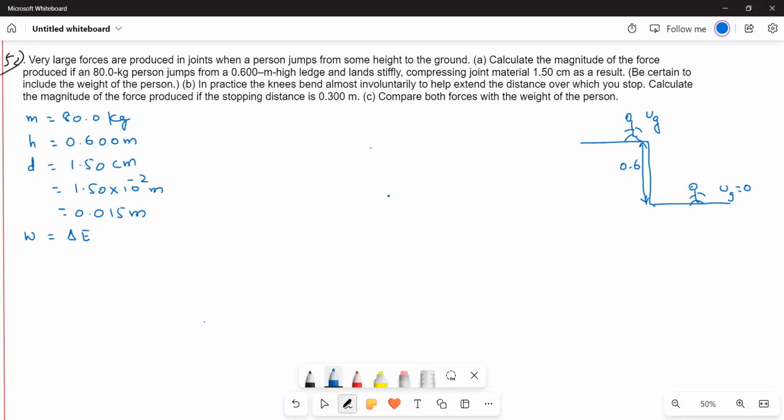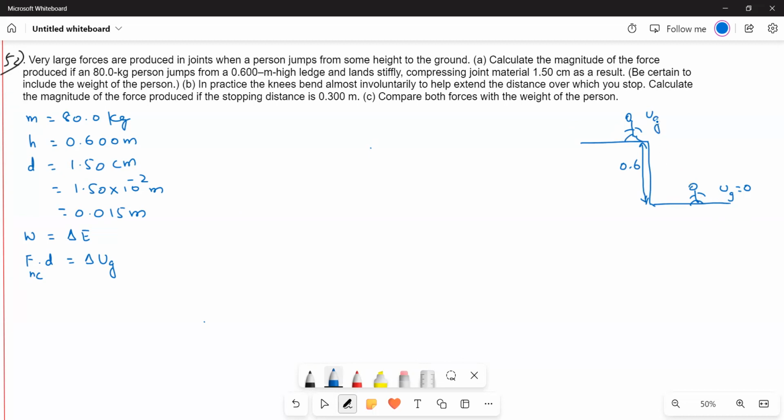Now we have to find out how much of the force is involved in doing this work. Here the work is done by the non-conservative forces. So F non-conservative times D is equal to change in gravitational potential energy, because the kinetic energy is 0 initially and then finally also 0. We need not consider the kinetic energy.